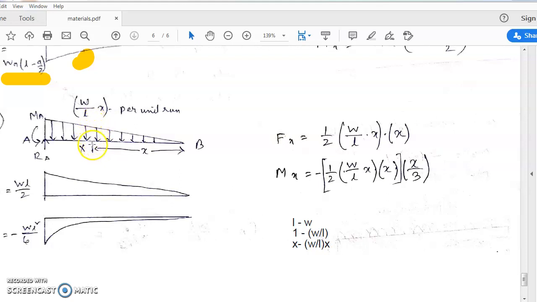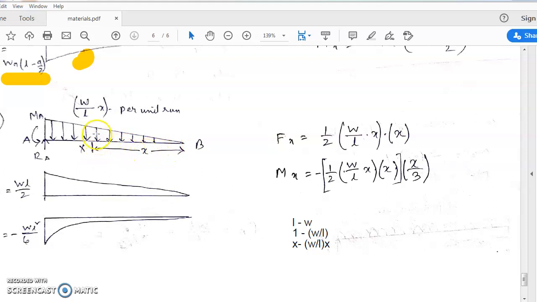The load up to point X will be this height at X. Height at X will be w by L into x, because the load starting from 0 has reached w by L into x at point X. So height is w by L into x and the base is x.